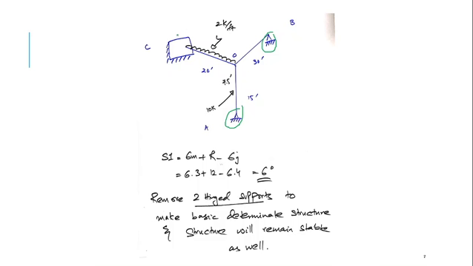So the best strategy is to remove the hinge supports, and this fixed support should always remain there because it is essential for the stability of the frame, because it can take reactions in XYZ, and it can take moments in XYZ. So in order to make a basic determinate structure, I will remove these 2 hinge supports, this one and this one.